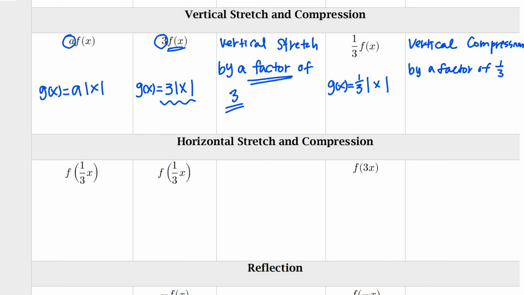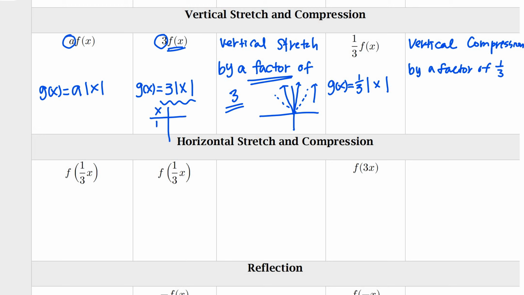So if I draw a very rough graph, the parent function goes this way, and 3 times is stretched vertically. How can we tell from the table, right?